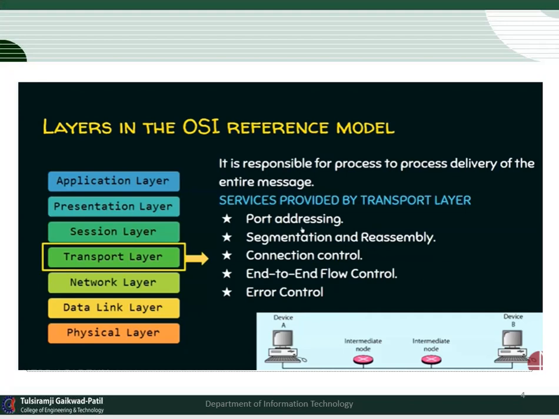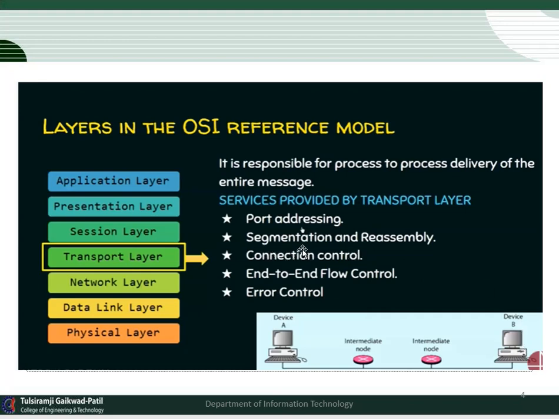The second service provided by the transport layer is segmentation and reassembly. Here we can see the two devices, device A and device B. If device A has a very big message and cannot send it as such, the message is broken into smaller messages, and after reception at device B, the smaller messages get reassembled.